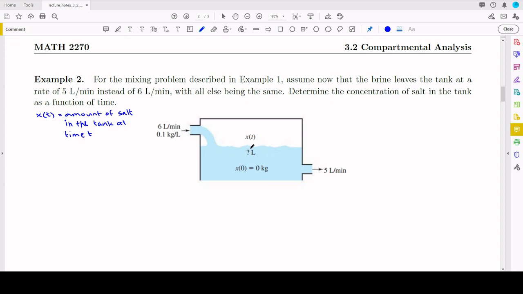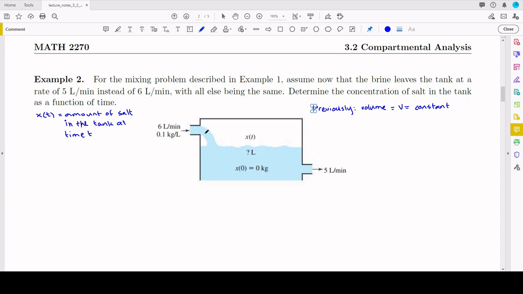So now the thing that is different here is that the volume in the tank will not be constant. So previously, we had that the volume was a constant, namely 1,000 liters.